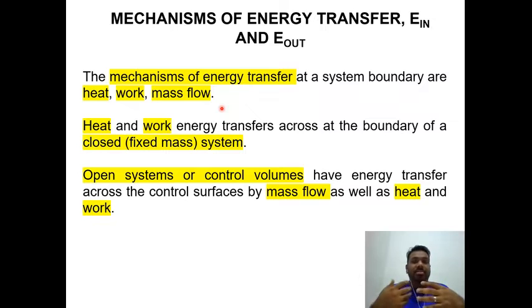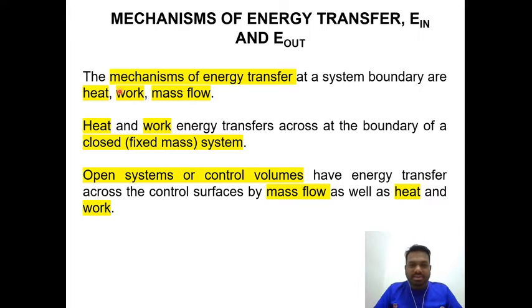We call it a mechanism, meaning it's the way of energy transfer. First is heat, which can come in or go out of the system. Then we have work, which similarly can come in and go out, and mass flow. Mass can come in and mass can go out. So these three things will be there.